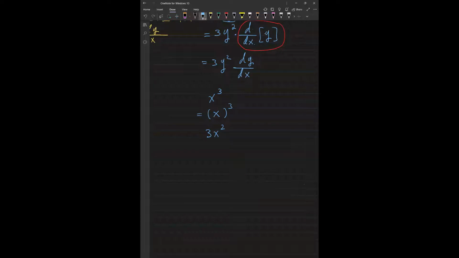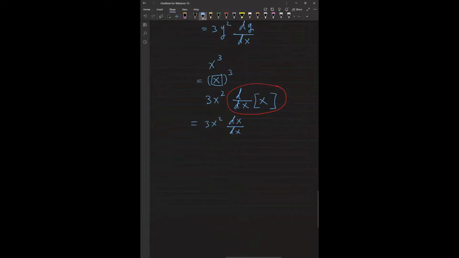Now we take the derivative of the inside, same as the chain rule, d/dx of x. This says the derivative of x with respect to x. So what is dx/dx? dx/dx is 1. So 3x squared.